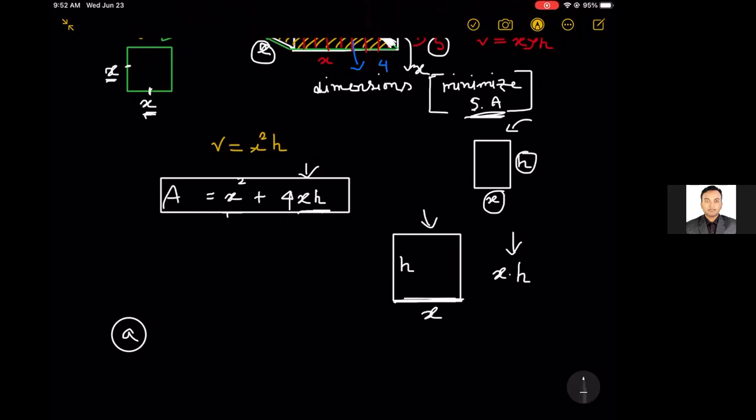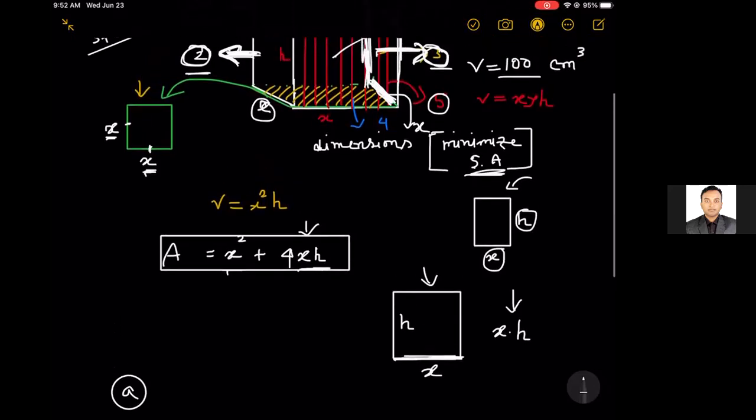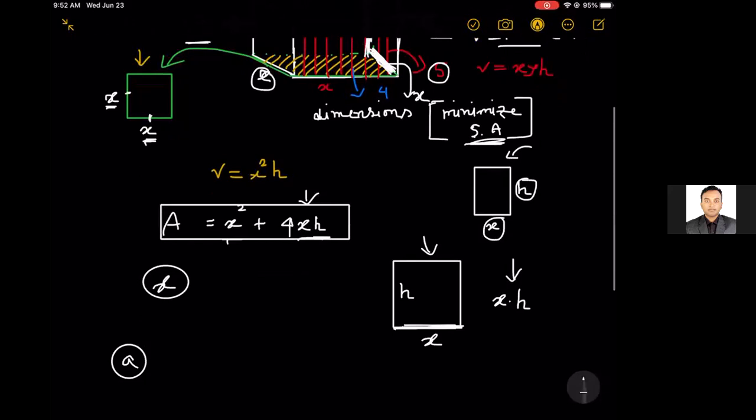Okay, so how to deal with that? We have considered the sides of the base as x, right? So the question wants us to write the surface area all in terms of x. We don't want any h here, okay? Can you see what I'm trying to do here?